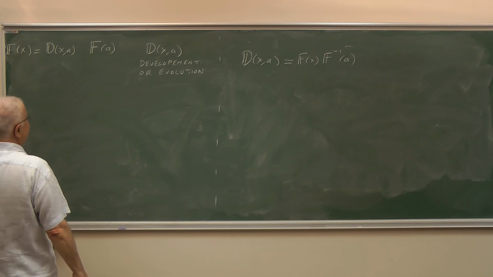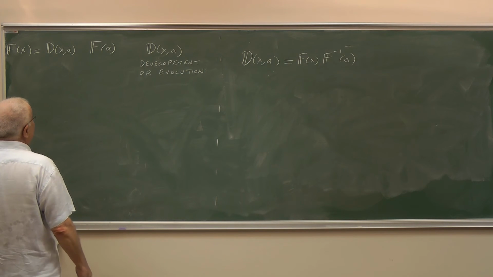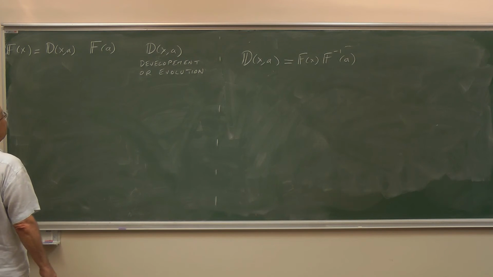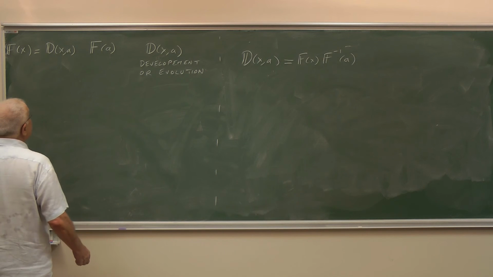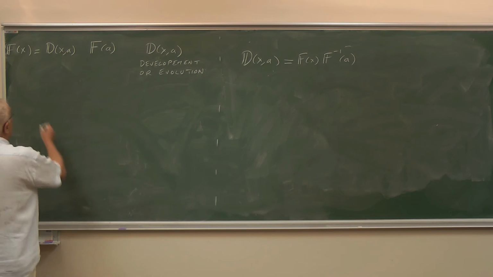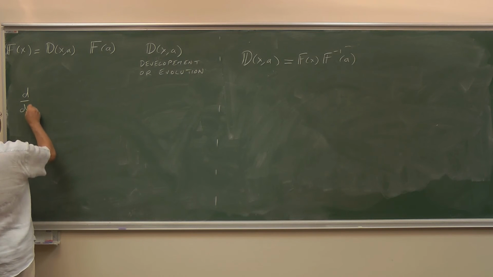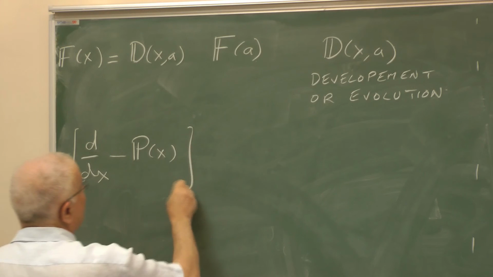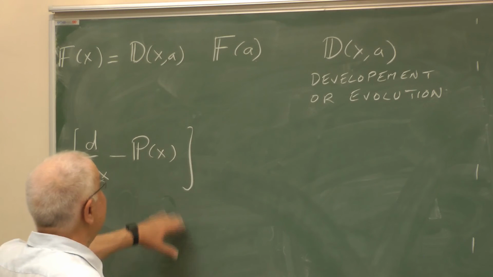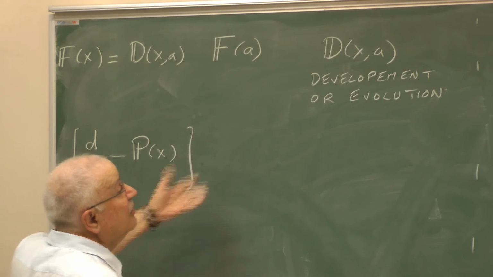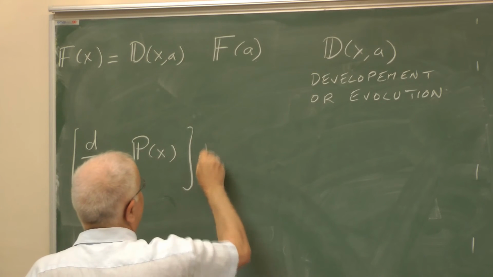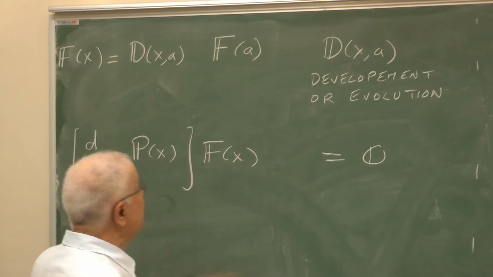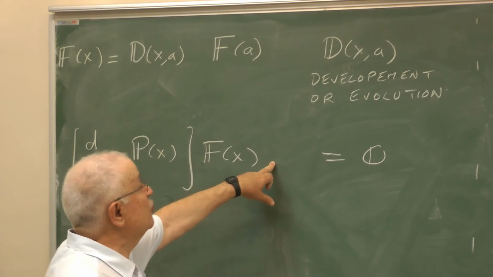So instead, we do an iterative approach and say there is a differential equation d dx minus p of x. Of course, if this satisfies f, then it also equals 0. But I can multiply this by f inverse of a.